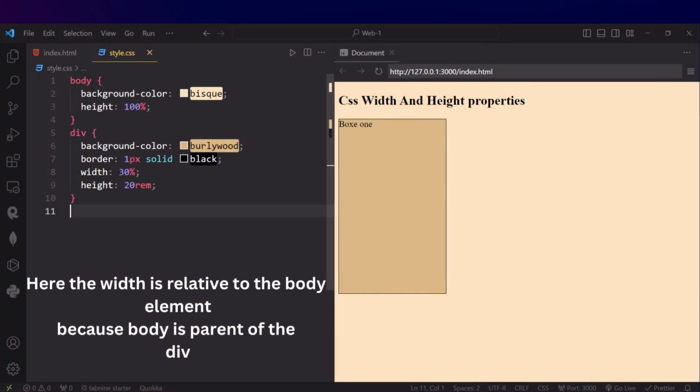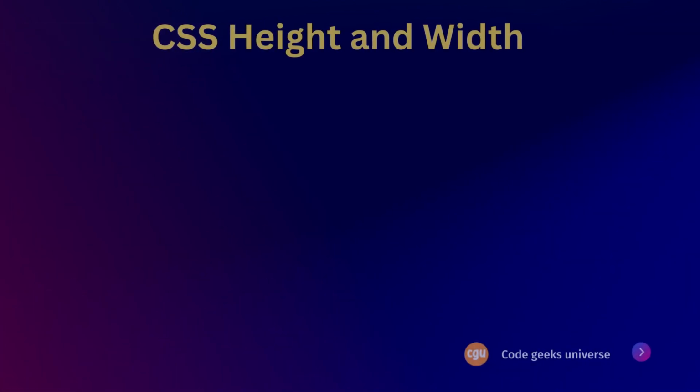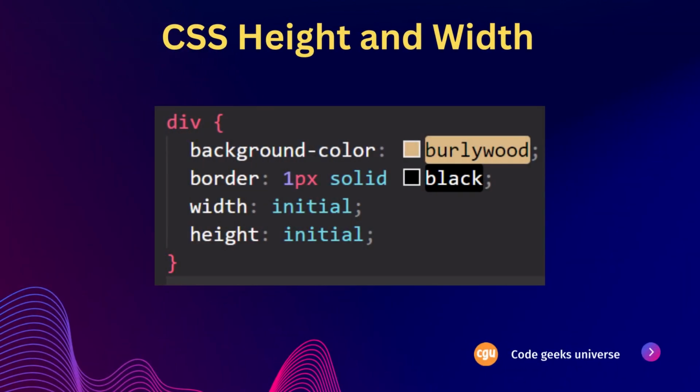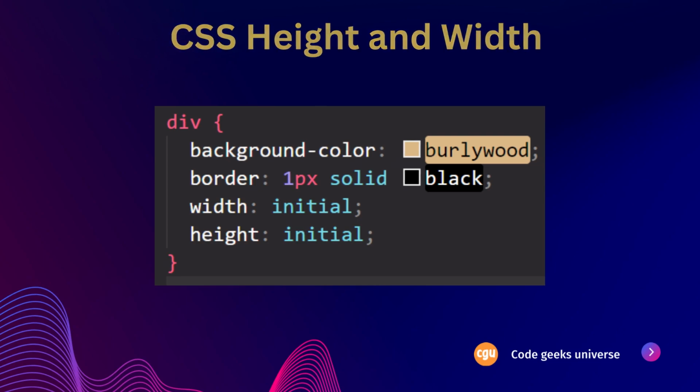Additionally, you can also use percentage to specify the height and width relative to the containing block. This provides a flexible way to make elements responsive to different screen sizes. And lastly, there is an option called initial, which sets the height and width properties to their default values as defined by the browser.